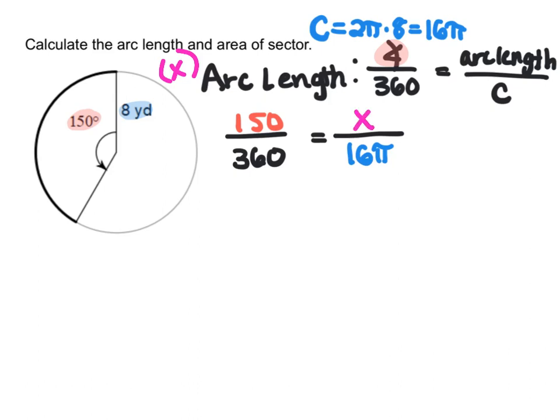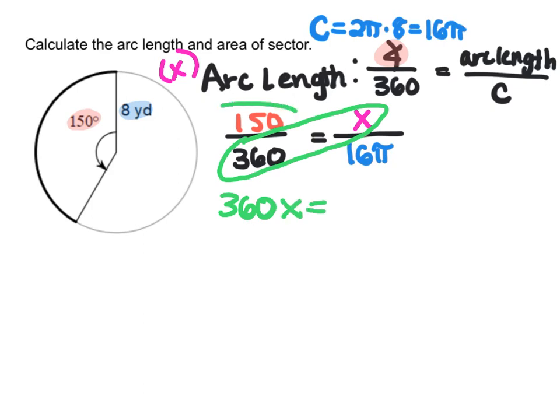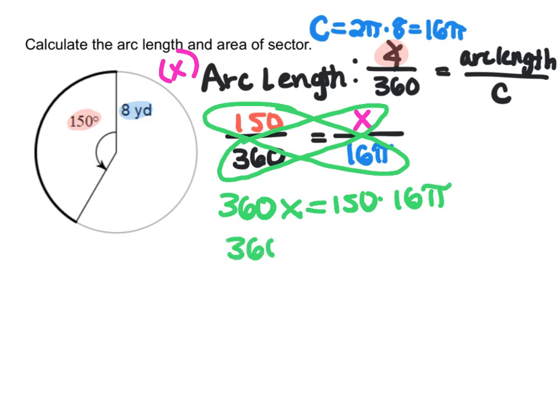So now if I wanted to solve, I would have to cross multiply. So I'd get 360x equals, we multiply the 150 times the 16 pi. So it becomes 360x equals 150 times 16 gives us 2,400 pi.